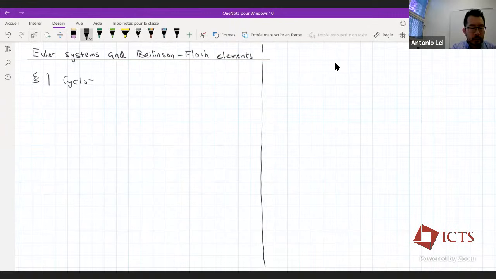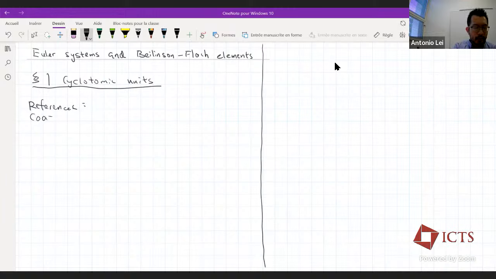The first section is about cyclotomic units. Some good references for cyclotomic units: a really good reference would be the book of Coates and Sujatha, which is called Cyclotomic Fields and Zeta Values.